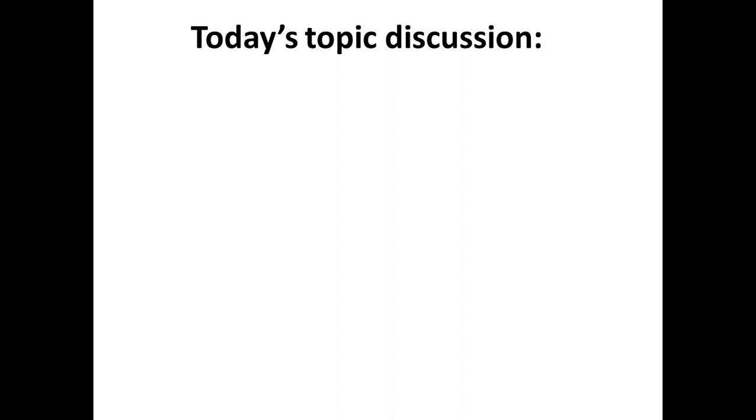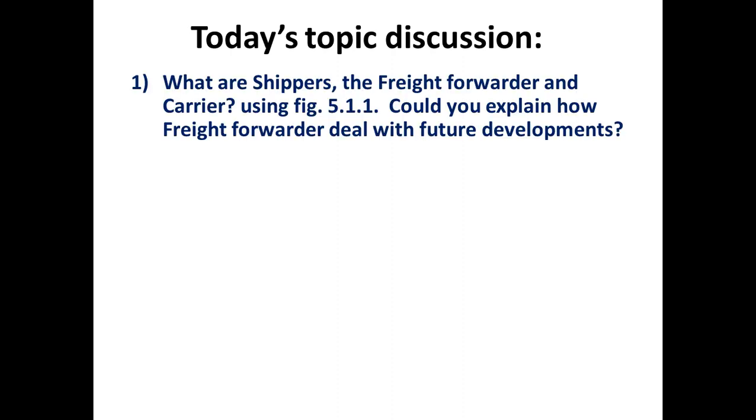Okay, look at the first question. First question: what are shippers, freight forwarders, and carriers? In order to do this one, maybe you go to Google or YouTube, because the textbook may be less detailed about shippers and carriers, and also less explaining about freight forwarders.